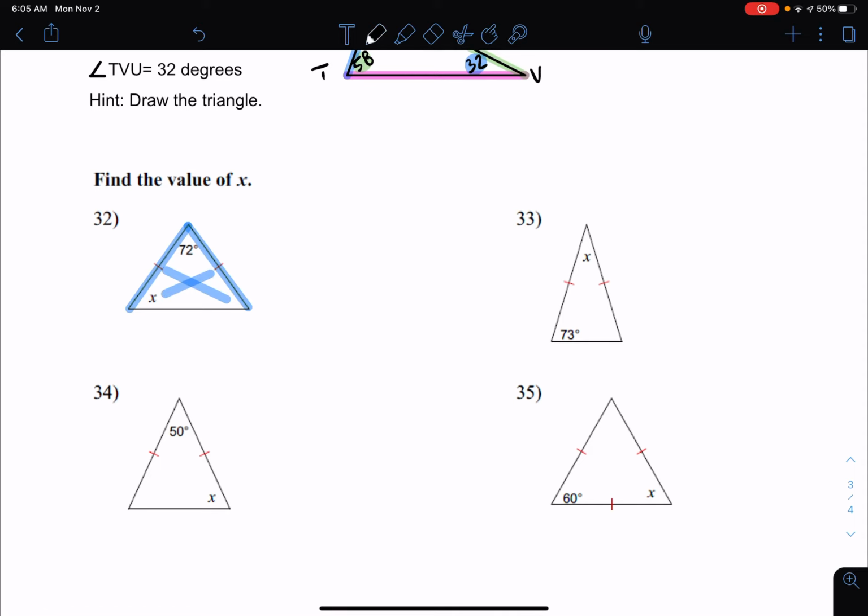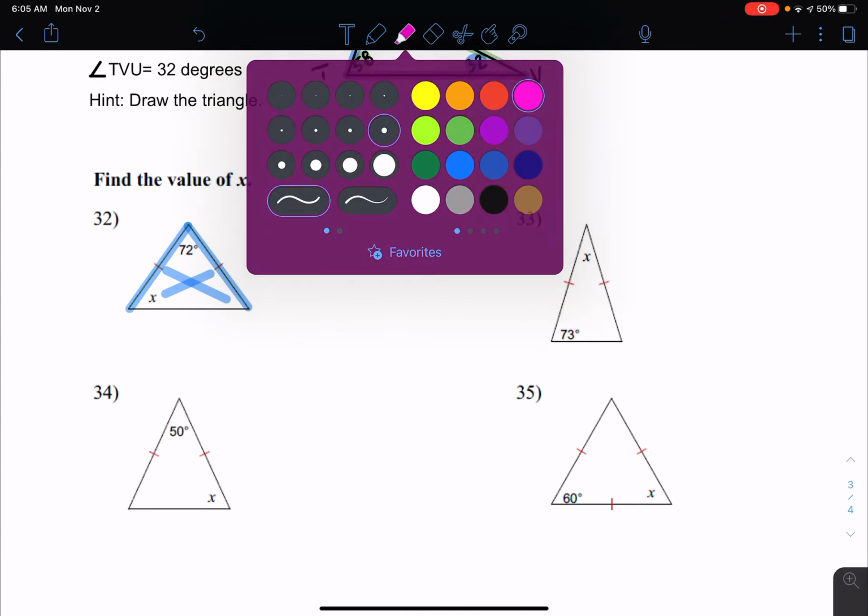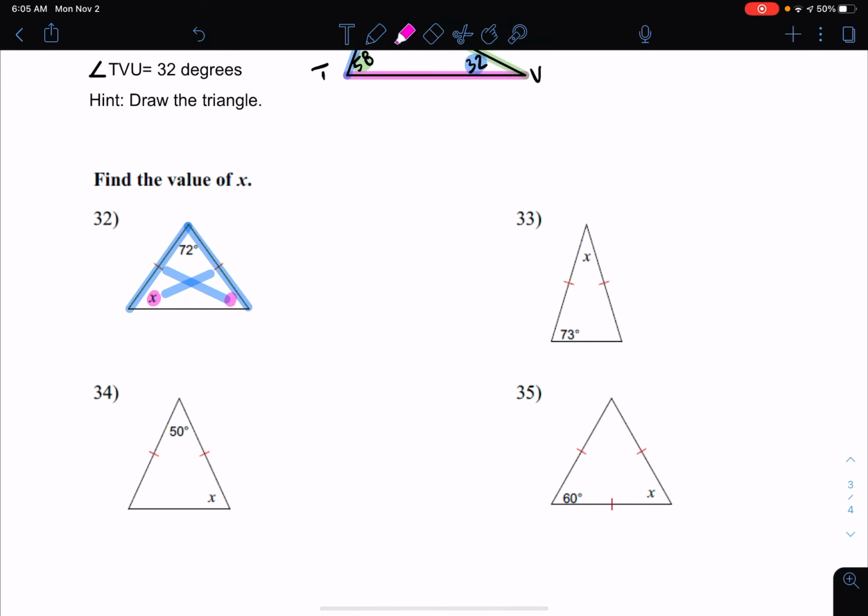So if this guy down here is x, then that means that this guy over here is also going to be x. And what do we know about a triangle? A triangle adds up to 180 degrees. So I have x plus x plus 72 equals 180 degrees.